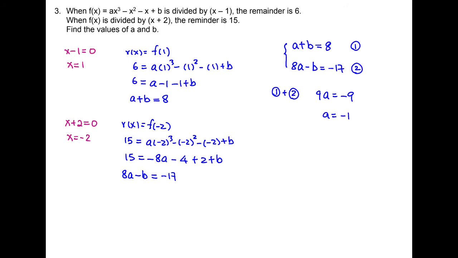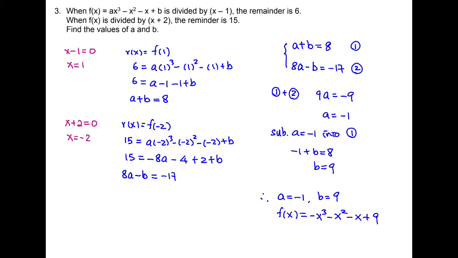Therefore, we get a equals negative 1. And substitute a equals negative 1 into equation 1, we will get b equals 9. Therefore, a equals negative 1, b equals 9. If they ask for f(x), then f(x) will be negative x cubed minus x squared minus x plus 9.